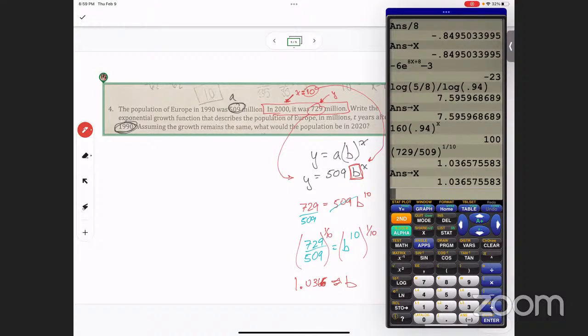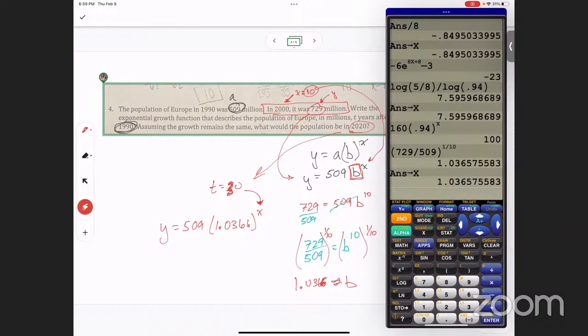Then the next question says, what will the population be in 2020? So now I'm going to take my equation. So this means, in 2020, T would equal 30, right? It's 30 years after 1990. So I'm going to take my equation now, which is Y equals 509 times 1.0366 to the X. And I'm going to plug in 30 now for X, but I'm going to use my calculator, that whole exact decimal, not just the approximation here.